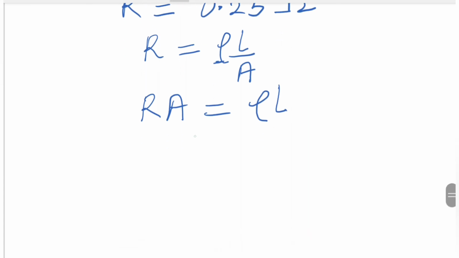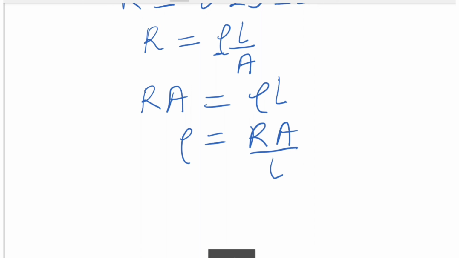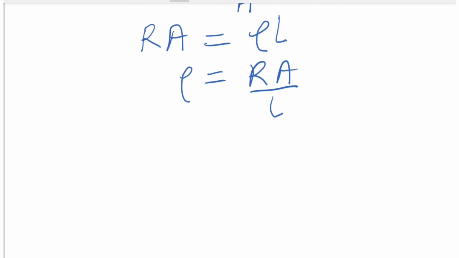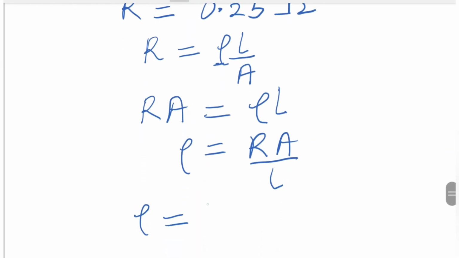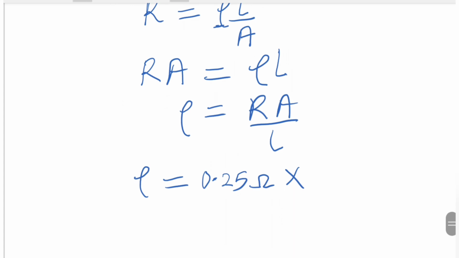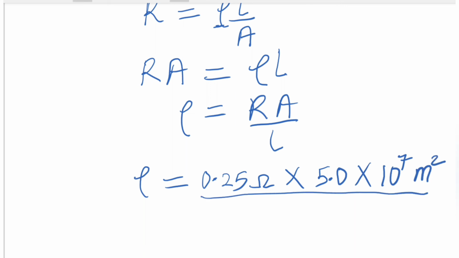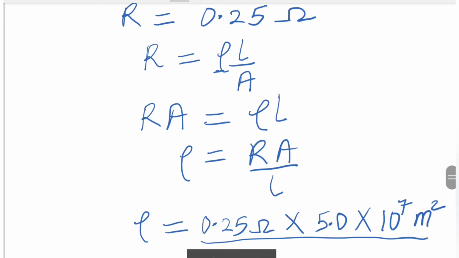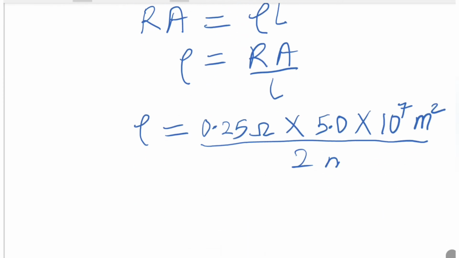Making resistivity the subject of the formula, you have resistivity equals RA over L. That is, when you divide both sides by L, you get RA over L. So if we insert our values, our resistance given to us is 0.25 ohms multiplied by the area, 5.0 times 10 to the power 7 meters squared, over the length. What is our length? 2 meters. So I'm just going to put 2 meters here.